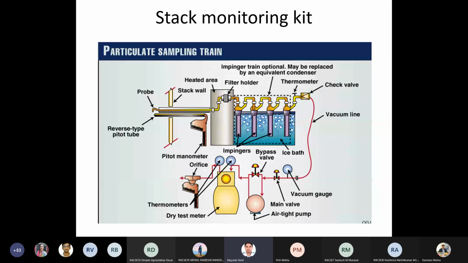After a certain period of time, when an ample amount of gases is dissolved in the respective absorbing liquids in the impinger, you will remove it and do the analysis when you go to the laboratory.